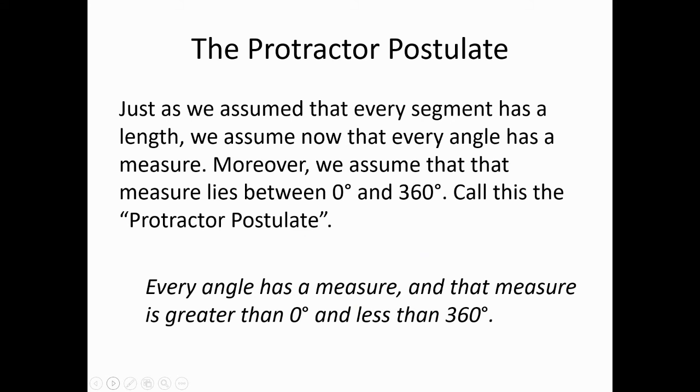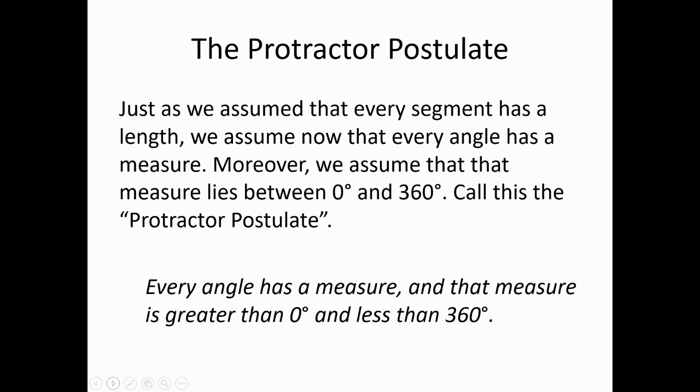Now, we had a ruler postulate, which told us a little bit about how lengths behave. So let us now have a protractor postulate, which tells us a little bit about how angles and their measures behave. And this will be only part of the total protractor postulate that we will get, but we only need a part of it right now, so I'll give you that one part.